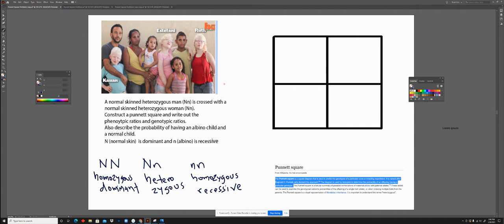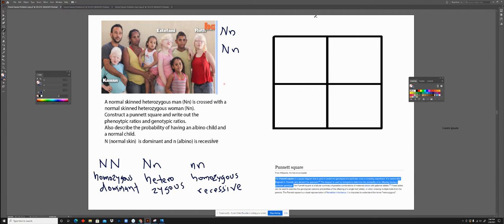So what you're going to do is put the genotypes of the parents on the sides of the Punnett square. Now, this is a mistake people make. You have to put the genotypes outside of the Punnett square. So let me do an example. The man's genotype is Nn, and the woman is also Nn.